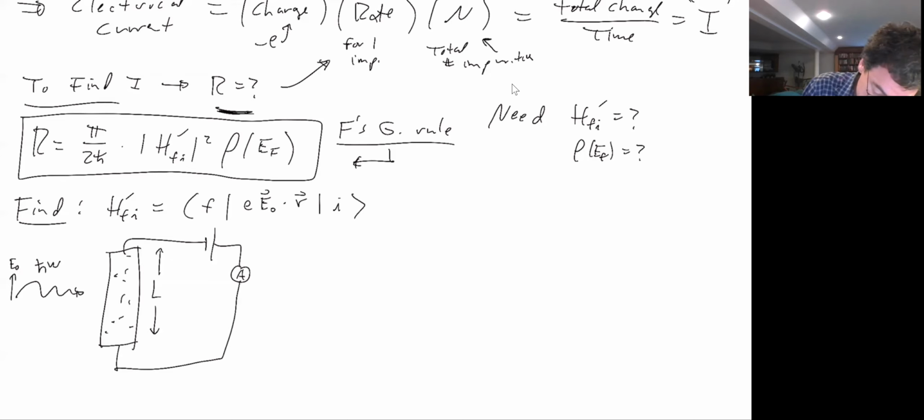Let's just say that it's polarized in the z direction, z hat. And so already we can see that this is going to be, I'm going to write it like this. Check this out. I'm going to write it like this: minus e, E naught dot, how do I want to do this?